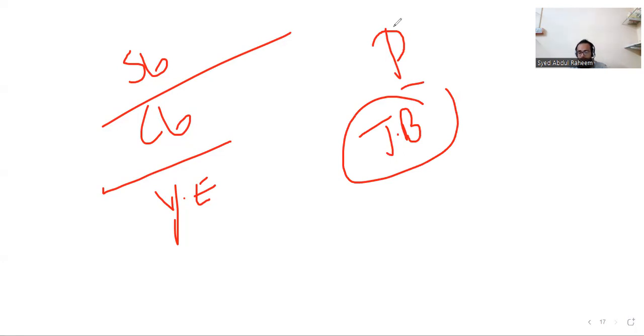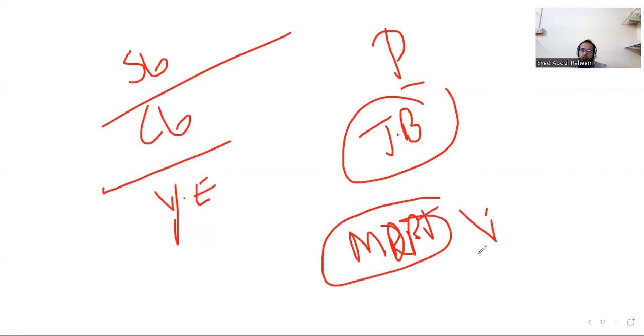I am already treating a patient who is suffering from multiple drug resistant TB. No drug will work on this type of disease.